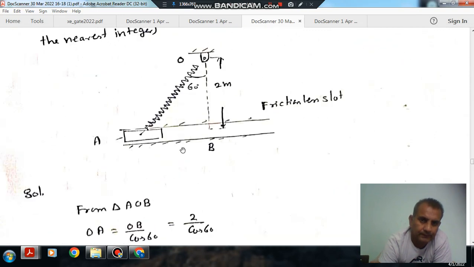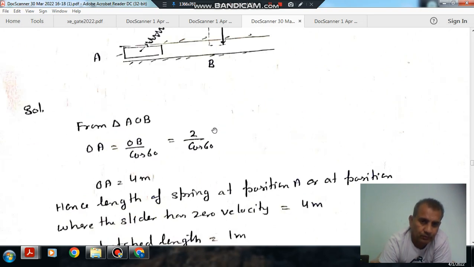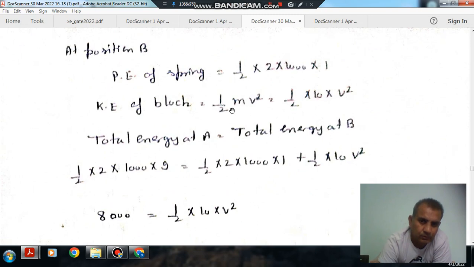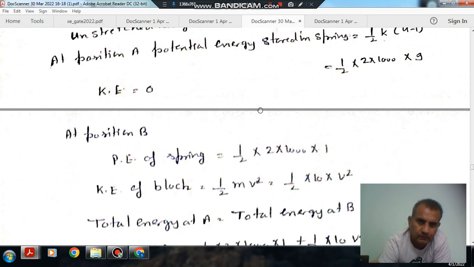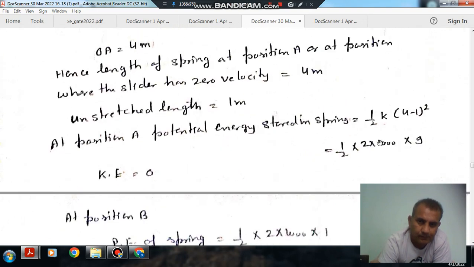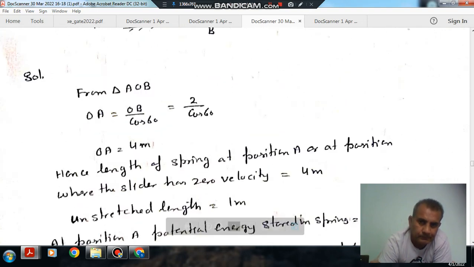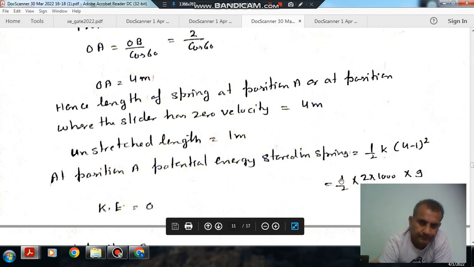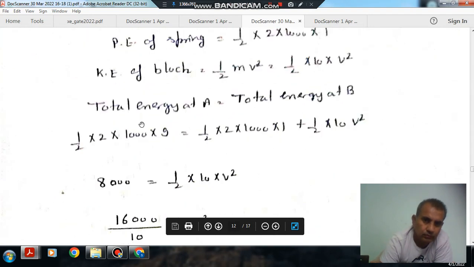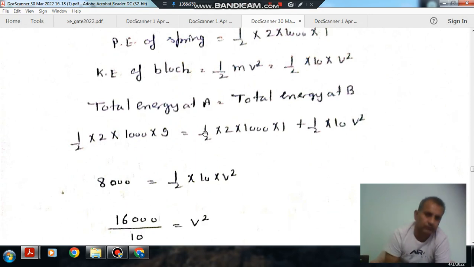At position B, the block is having velocity V, so there will be kinetic energy of the block also. Kinetic energy of the block is half mv square, so that is half into 10 into v square. That is the total energy at position B, and that is the total energy at A. Total energy at A and total energy at B should be equal because of the law of conservation of energy.